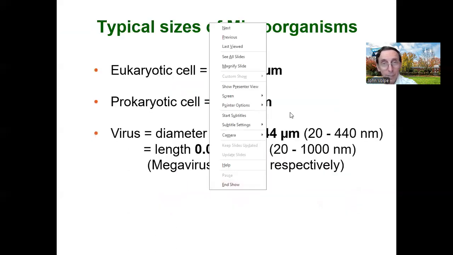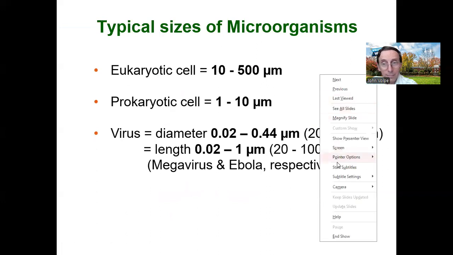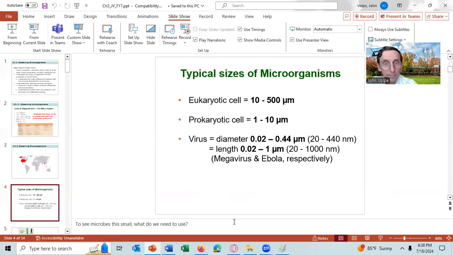All right. When we're talking about organisms, we say that a eukaryote cell, depending on what the eukaryote cell is, is about 10 to 500 micrometers in diameter. A prokaryote cell, this is a large one. Most of them are about 1 to 2 micrometers in diameter.